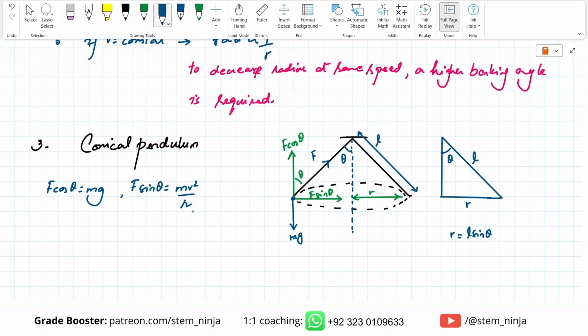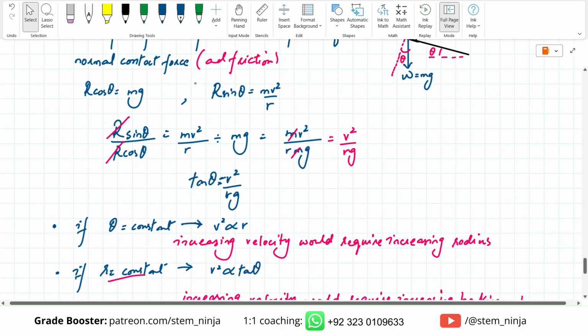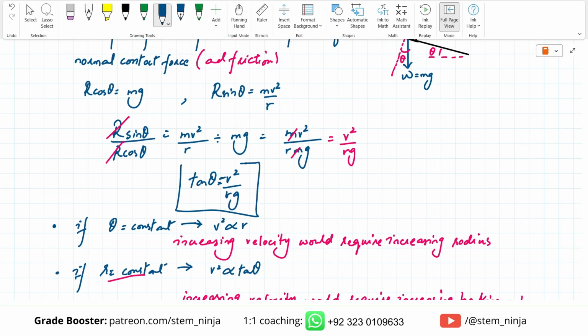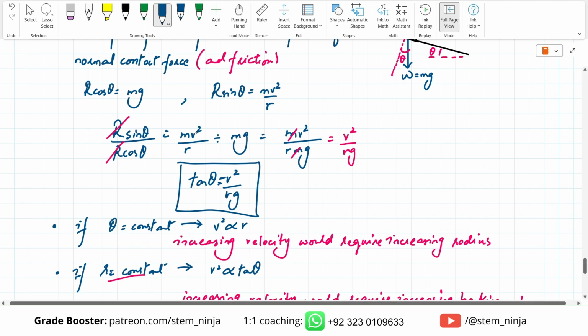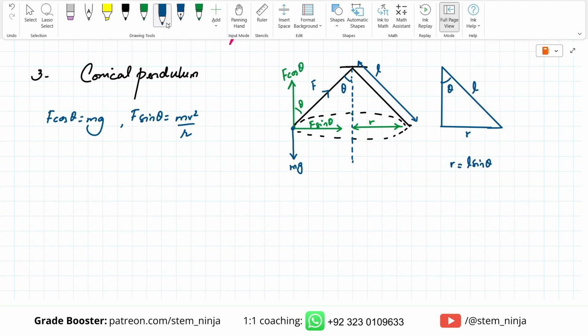Normally, when we repeat the same thing, we will have an equation very identical to this. But since this is a pendulum, we are more interested in the time period also. So we are going to use m r omega squared. Since omega is 2 pi over T, omega squared turns into 4 pi squared over T squared, so mr 4 pi squared over T squared.